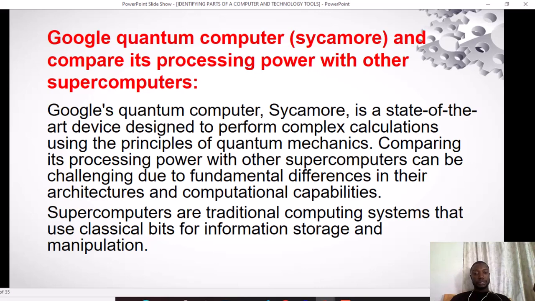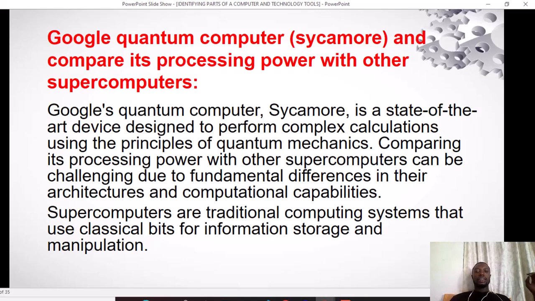Comparing its processing power with other supercomputers can be challenging due to fundamental differences in the architecture and computational capabilities. Supercomputers are traditional computing systems that use classical bits.